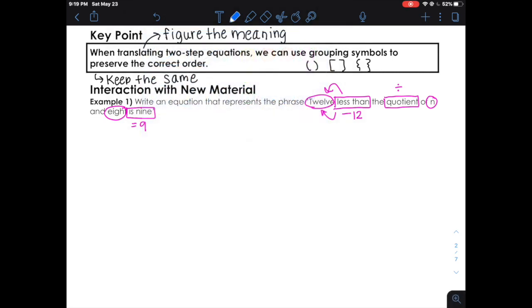So it looks like we want the quotient of, this is going to be in parentheses, because since we're taking 12 away from that quotient, the quotient is the answer. So I have to have n divided by 8, so I know what that answer is, in order to proceed. We're also working with a subtraction problem. Yes, I know we have to divide here, but ultimately, because I'm taking away from that quotient, this is going to be a subtraction problem.